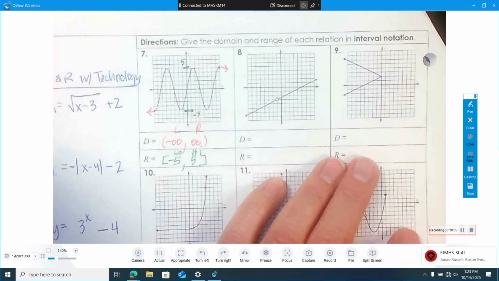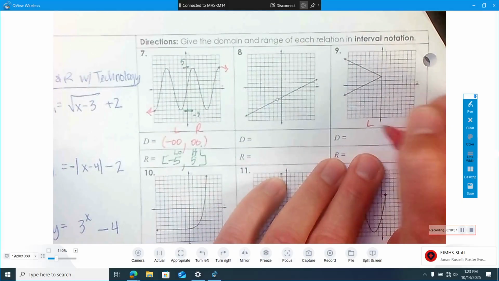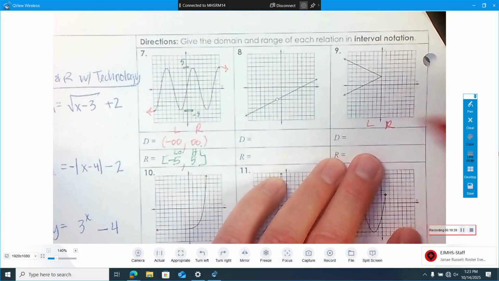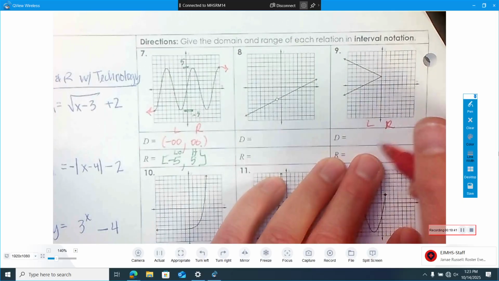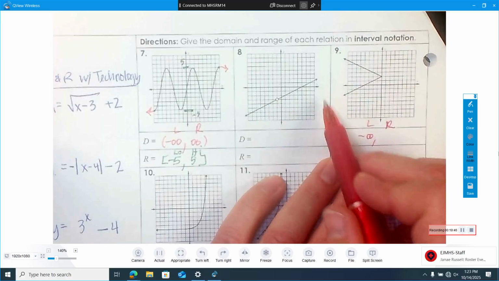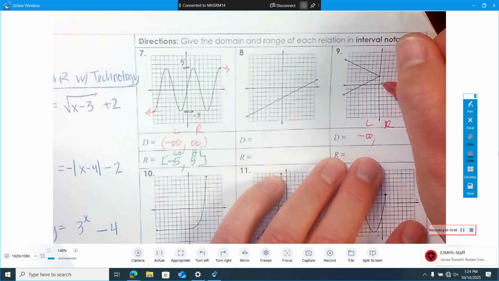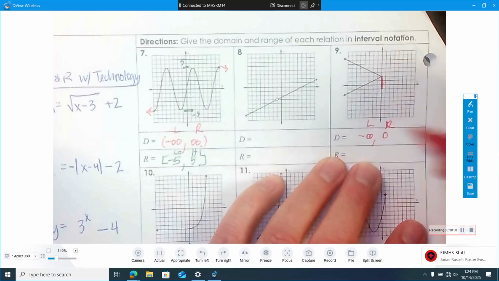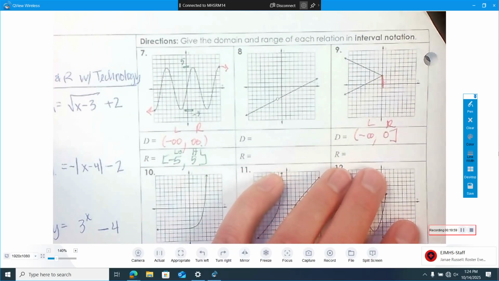What about 9 here? How far left and how far right does this graph go? Yeah, negative infinity. To how far to the right does it go? 0. Yeah, it goes to 0. All right, we've got a parenthesis at the infinity and a bracket at the 0, because it is touching when x is 0.